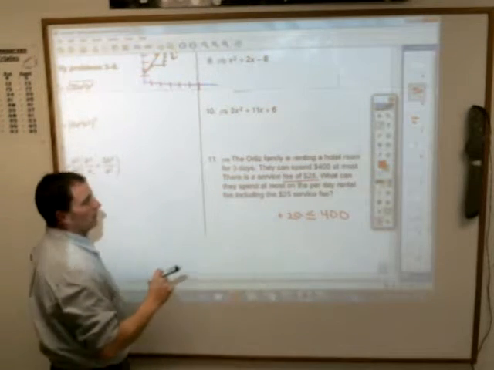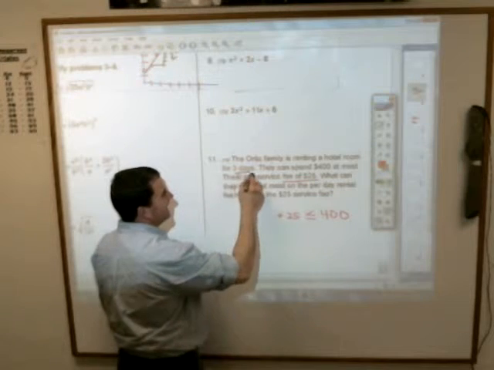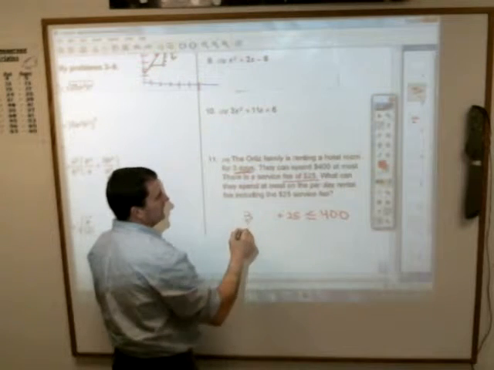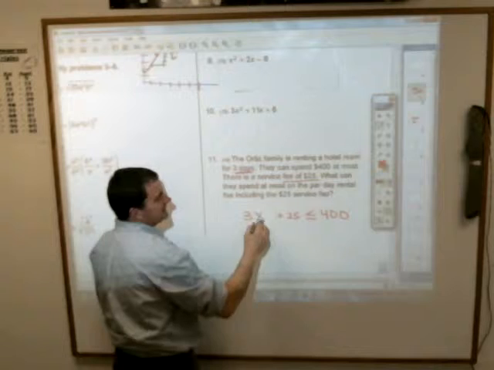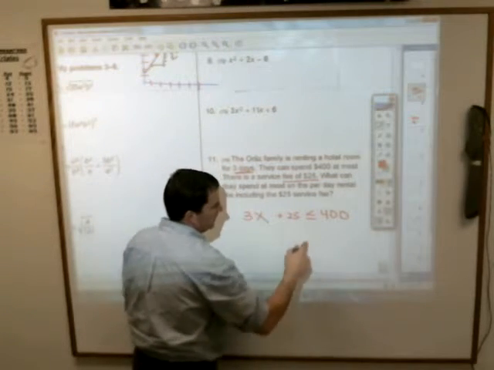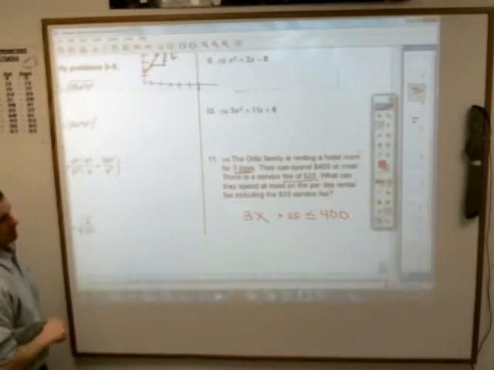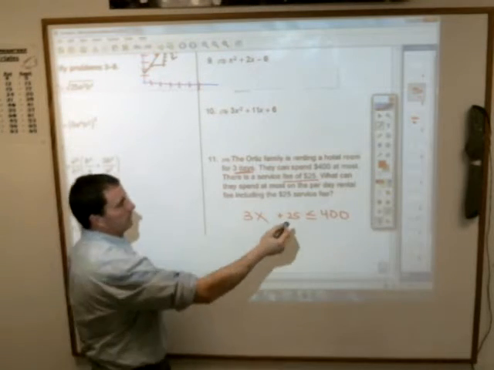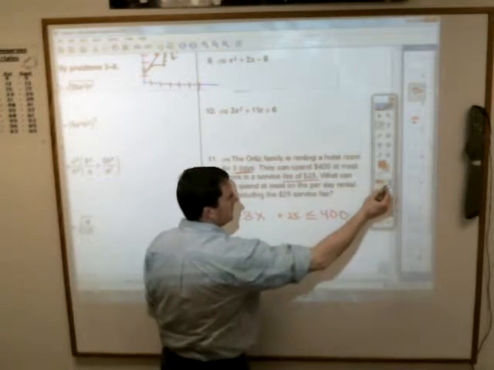And then they're there for 3 days. 3 times how much money they can spend per day, after you add $25 to it, will give you less than or equal to $400. And then it's just a matter of solving that inequality.